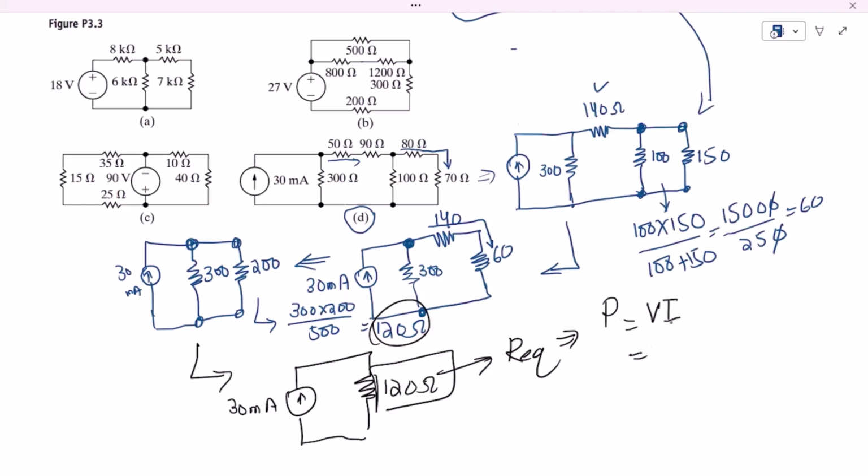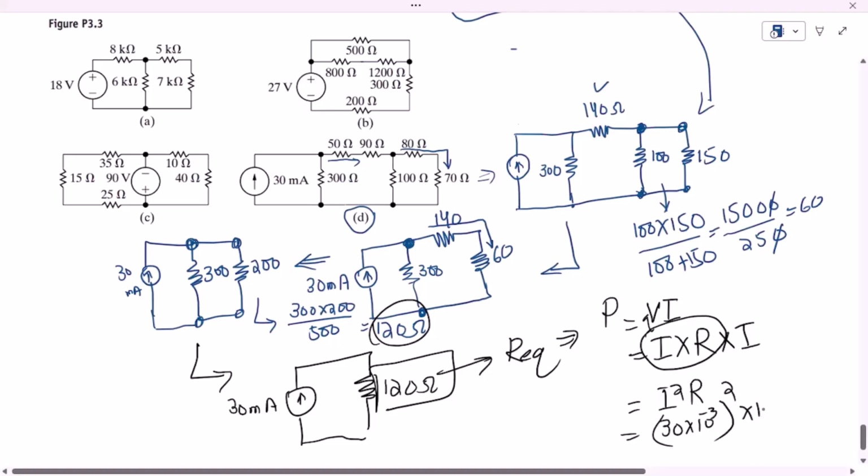As the voltage is unknown, V is equal to IR, multiplied by I, where V is the voltage across this resistor. So we will get I squared R. Let me put in the values: I is 30 times 10 to the power minus 3, whole squared, multiplied by 120. Finding it, you will get the power which is required.